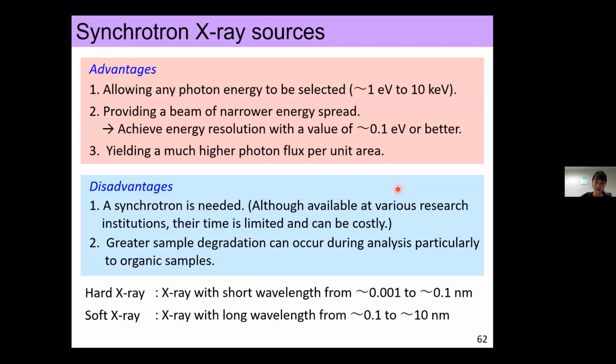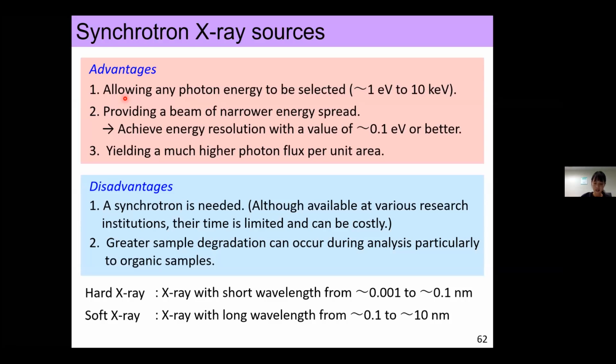The advantages of synchrotron are these: allowing any photon energy to be selected, providing a beam of a narrower energy spread, which achieves energy resolution with a value of 0.1 electron volt or better, yielding a much higher photon flux per unit area.